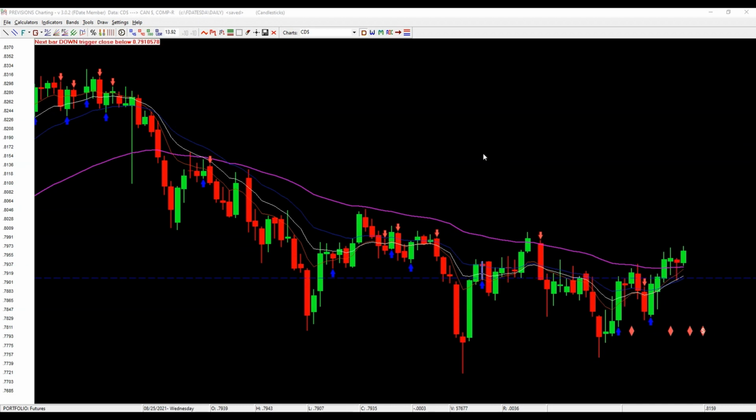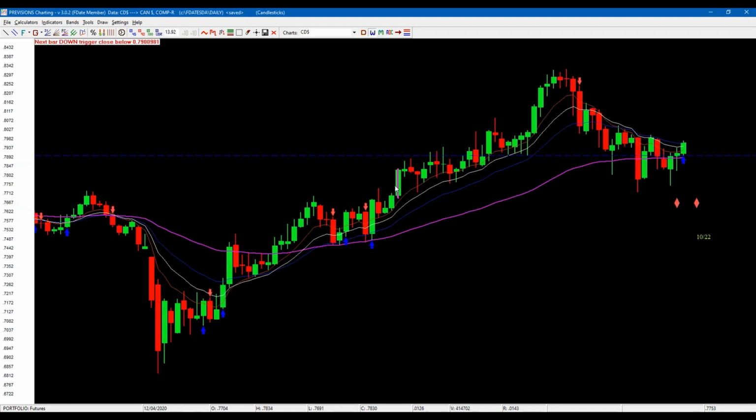All right, now let's go take a look at what has occurred in the weekly. As we can see, we have now also gotten a blue upward trigger in the weekly, which is the intermediate time frame, which is a higher time frame, 5 times higher, of course, than the daily. So this is significant.